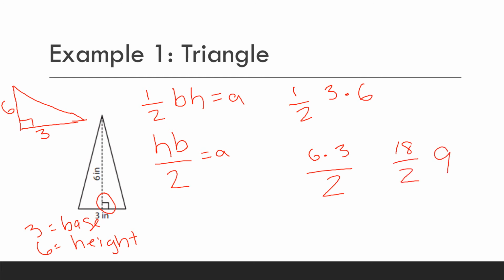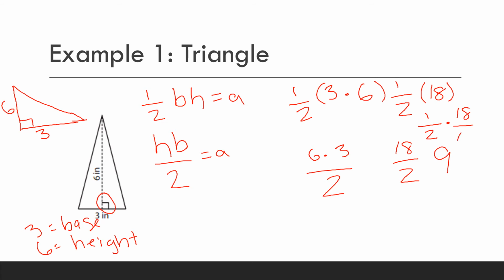If I do this top way, I think it's easiest to have a half and then multiply it by, again, 3 times 6 is 18. And then all we have to do, if we're going to multiply by fractions, is we put the 18 over 1.